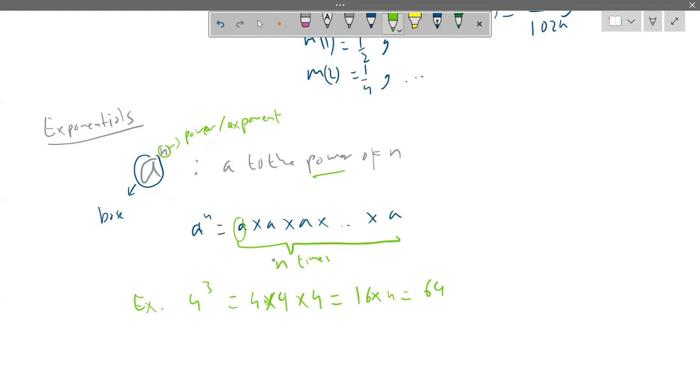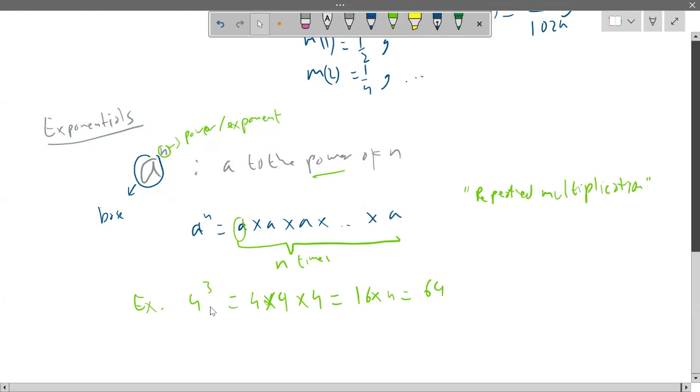So it is conceptually very simple here. Exponential seems to be, quote unquote, repeated multiplication. However, notice that I didn't really put any restrictions on anything here.